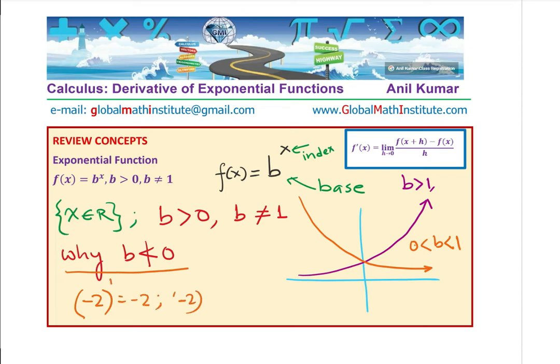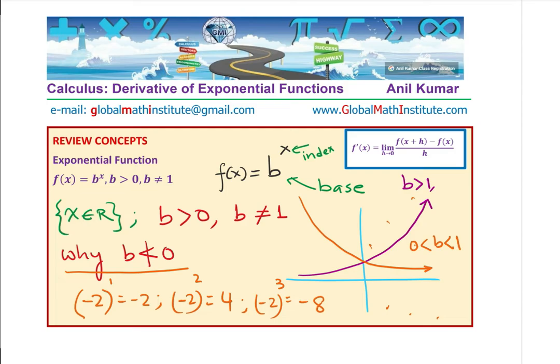And what is minus 2 to the power of 2? That is plus 4. And minus 2 to the power of 3 will again give a negative value. So do you see what is happening? The values are kind of going from positive to negative, negative to positive. We do not have a continuous function, right?